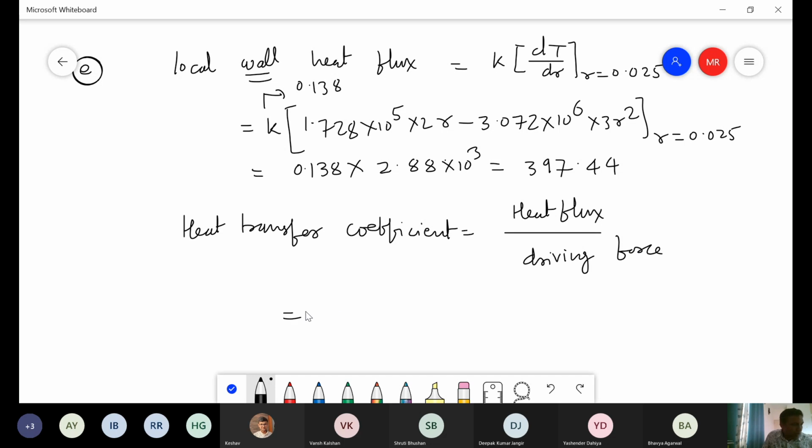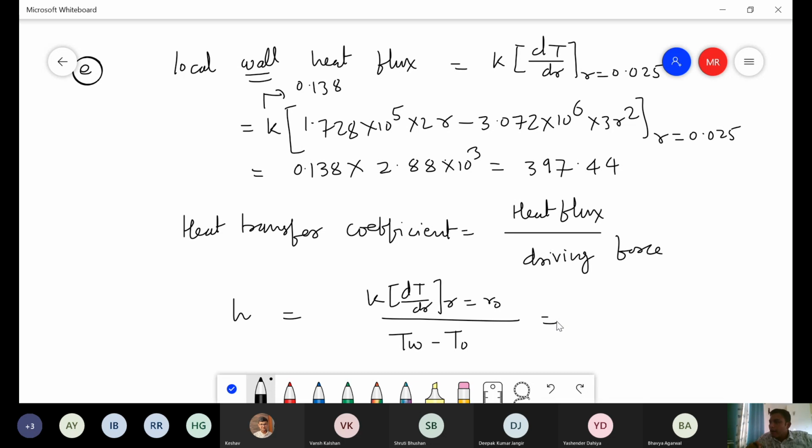So that is nothing but K dT by dr at r equals r naught divided by Tw minus T naught. Tw minus T naught. Okay. So that will be basically H. Isn't it? Is it correct?